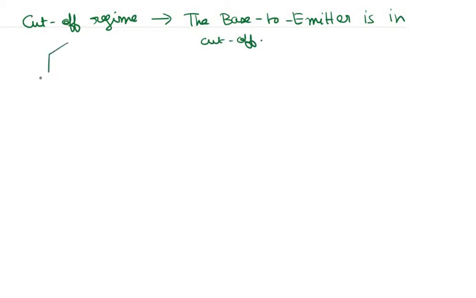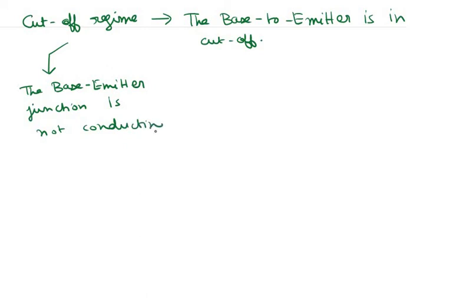It is not conducting, so VBE is basically less than V gamma.